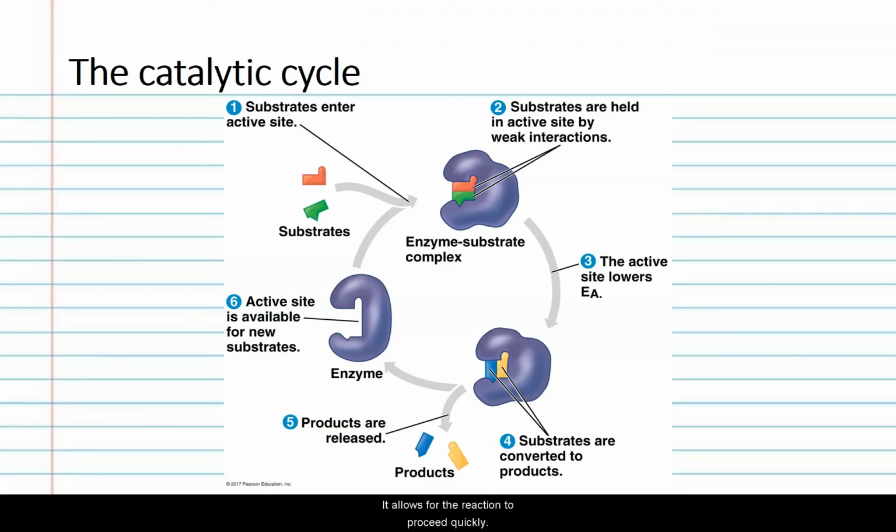It allows the reaction to proceed quickly, and then once the products are formed, they are released from the enzyme. What you end up with at the end of this cycle is that the enzyme is ready for another set of substrates to bind to it. So you can have the cycle occurring over and over and over again. One enzyme can catalyze thousands of chemical reactions.